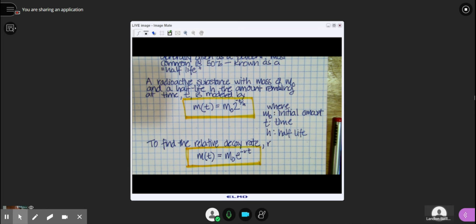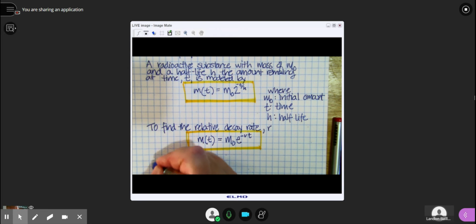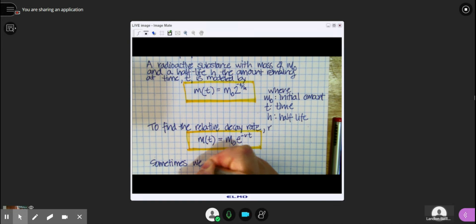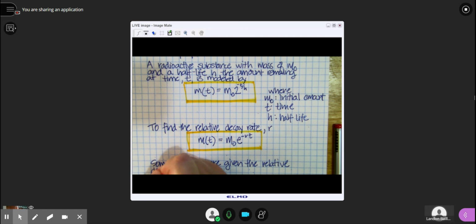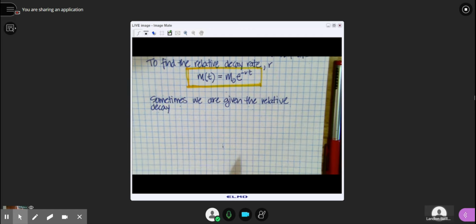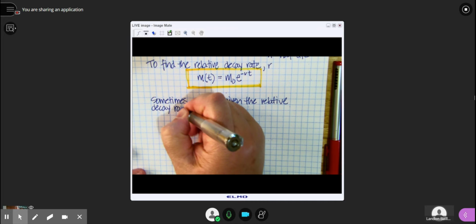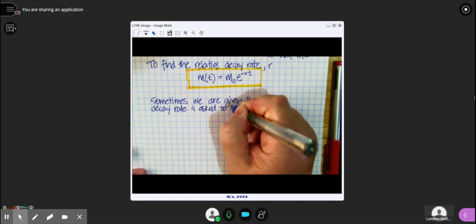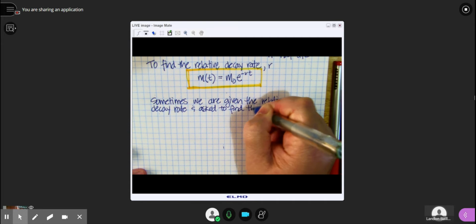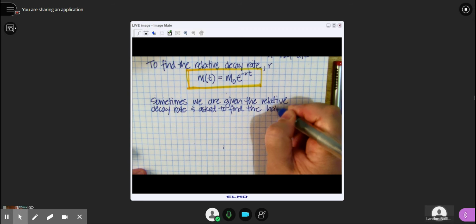Now, it's worth noting that sometimes we are given the relative decay rate and asked to find the half-life.